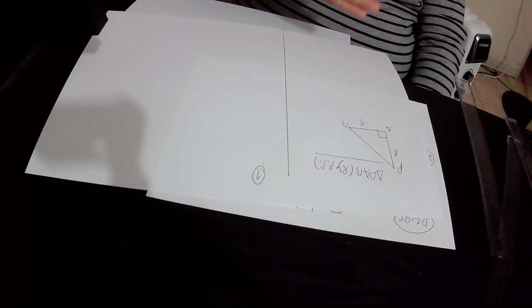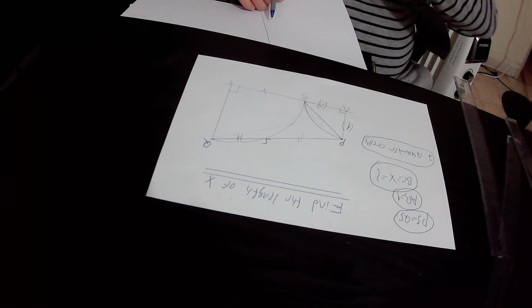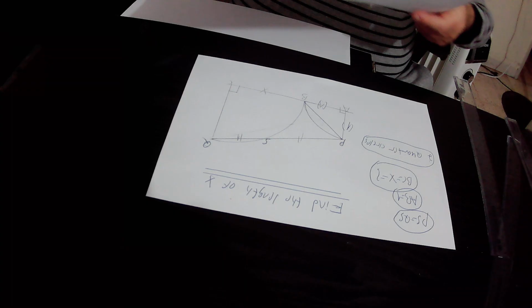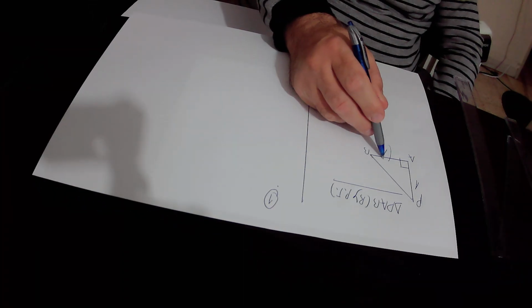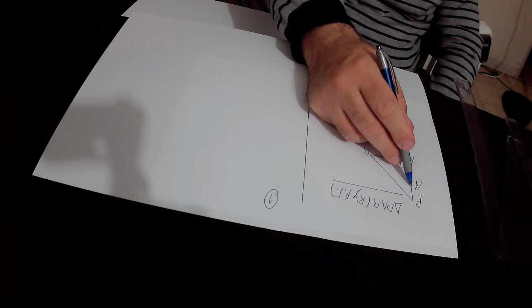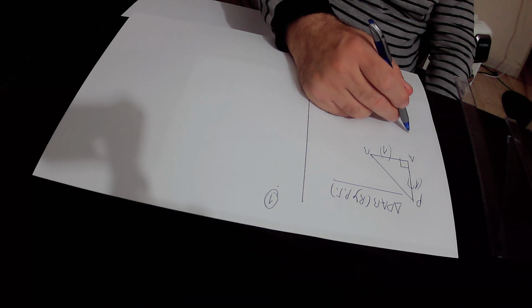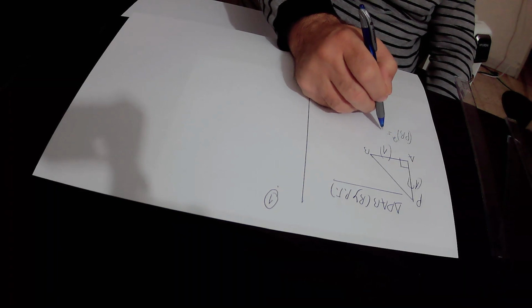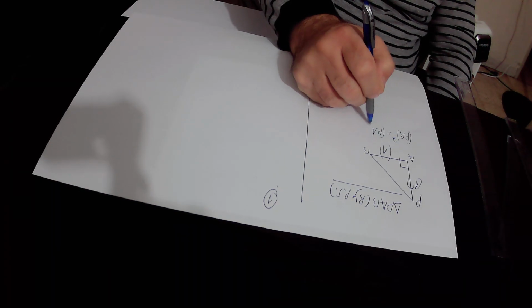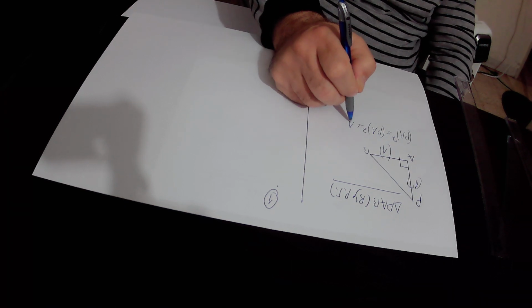PA and AB are both radii of this small quarter circle. So in this right triangle PAB, according to the Pythagoras theorem, PB squared, that is the square of the hypotenuse, equals PA squared plus AB squared.